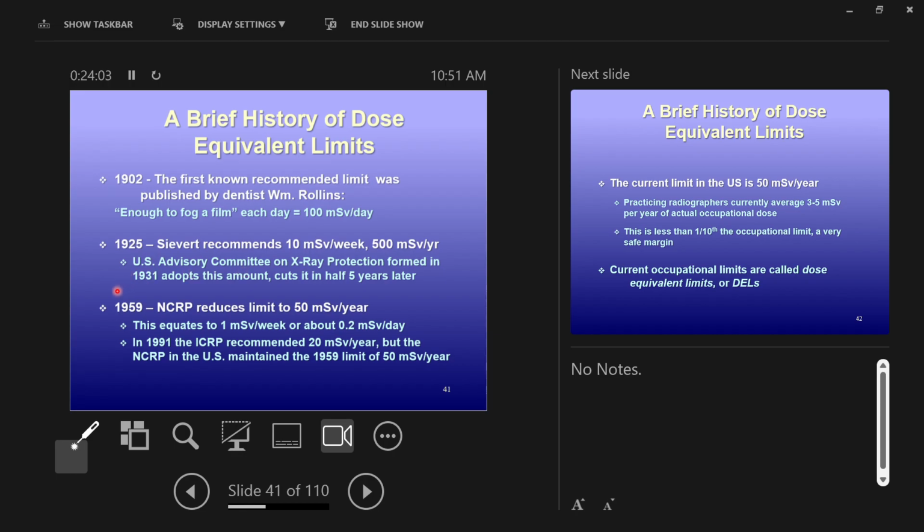Fast forward all the way to 1959. You get the National Council on Radiation Protection and Measurements, or the NCRP. Now they're a council. Councils can't force anything. A national council is just a group that does studies, does experiments, and makes recommendations based on their studies and data and experiments.